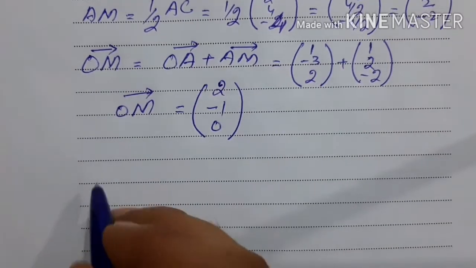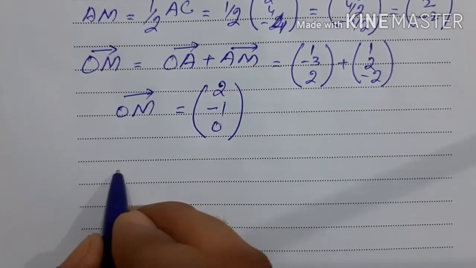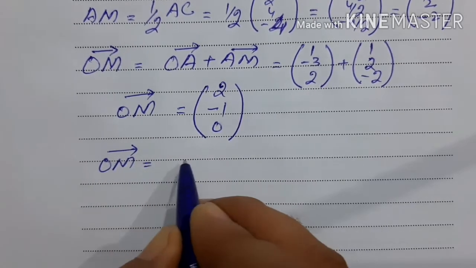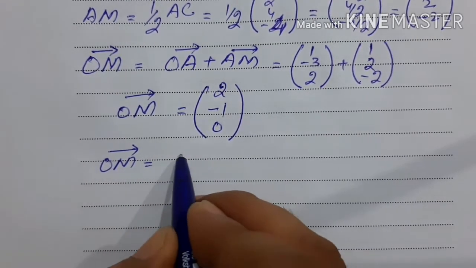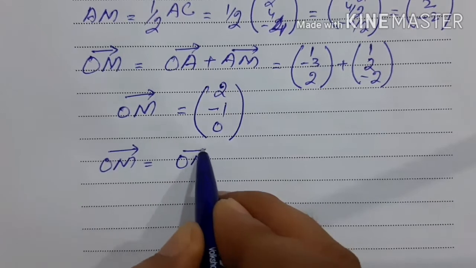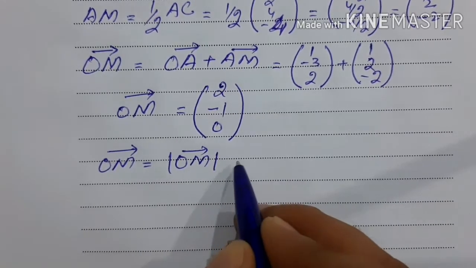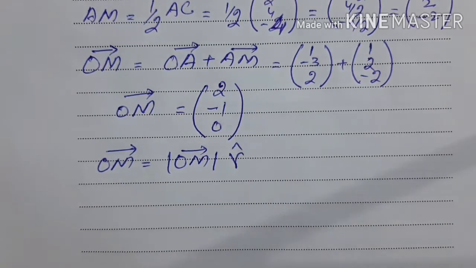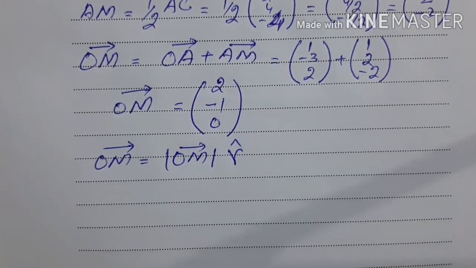So we know that any vector is equal to the magnitude times the direction, which is represented by the unit vector. Let's suppose this is the unit vector.